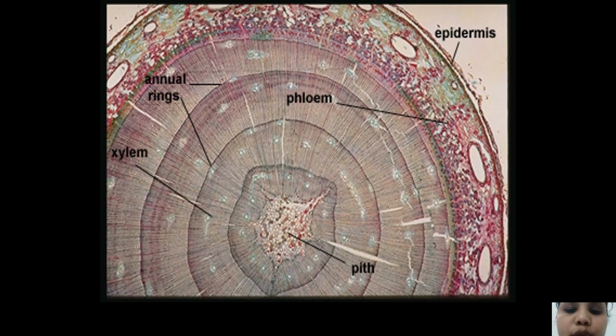This is a microscopic picture of the annual ring of a plant stem: epidermis, phloem, and an annual ring. Two rings which form its age.